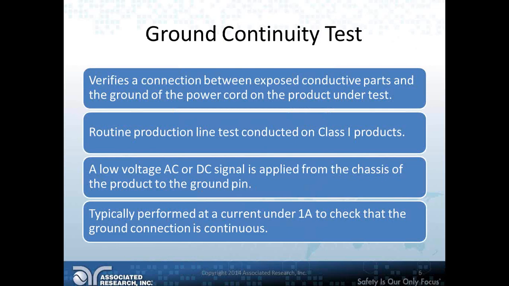Starting with the ground continuity test. The ground continuity test is often required to be performed with the dielectric voltage withstand test, or the HIPOT test, but unlike the dielectric voltage withstand test, the ground continuity test is not an insulation test. Instead, its purpose is to ensure that the DUT's, or device under test's, safety ground connections have been made properly.